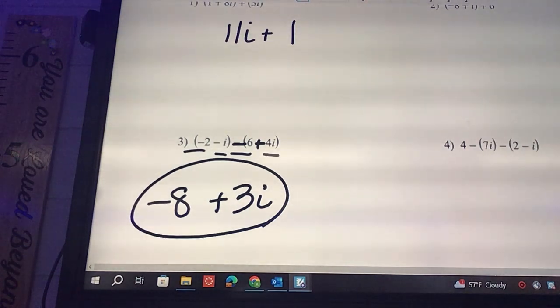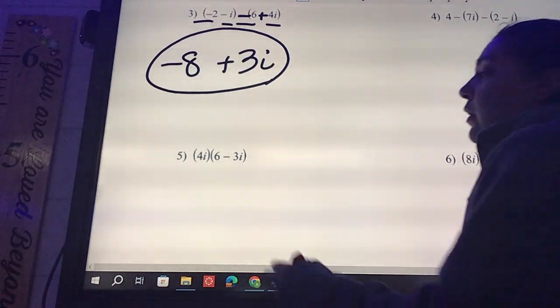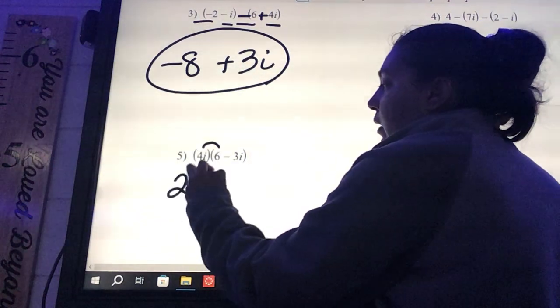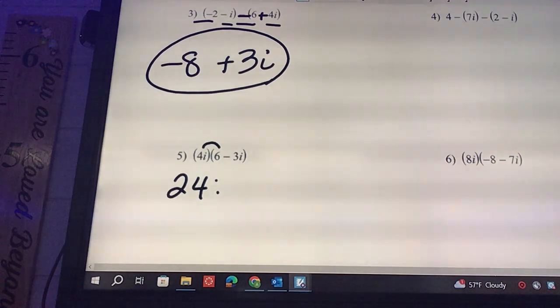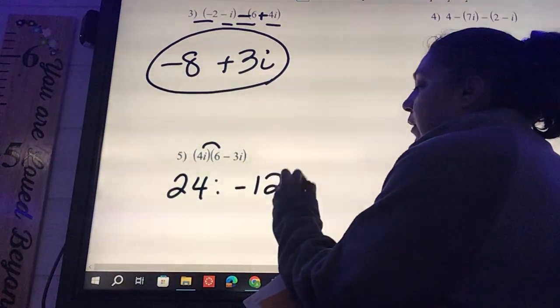Okay, for the multiplication, that's where we get those i squareds, okay? So 4 times 6 is 24i. Okay, and then we got a -12i squared.